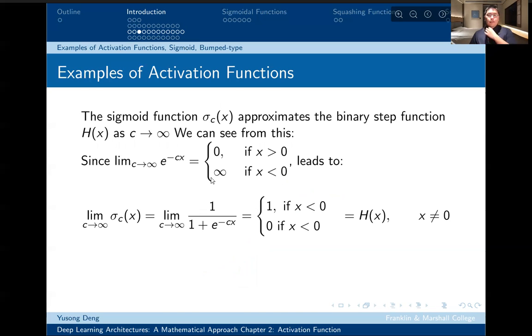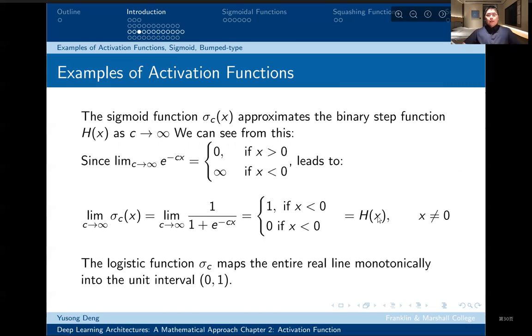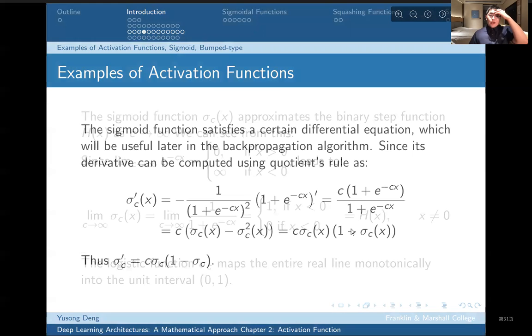Using the most basic calculus 2 or 3 knowledge, you will get that its limit is just the Heaviside or binary step function. All right, so the logistic function maps the entire real line monotonically into the unit interval between 0 and 1. That is something really good, really amazing.